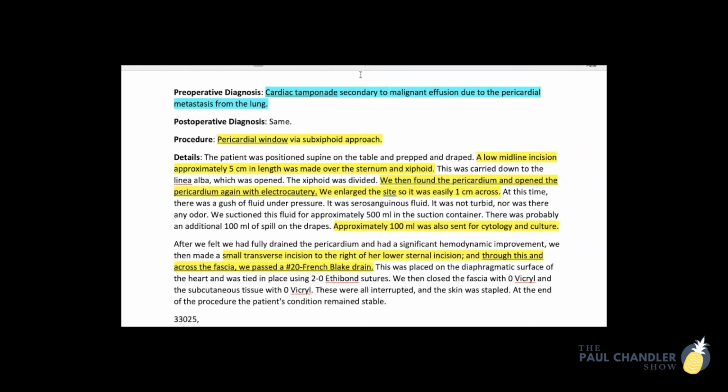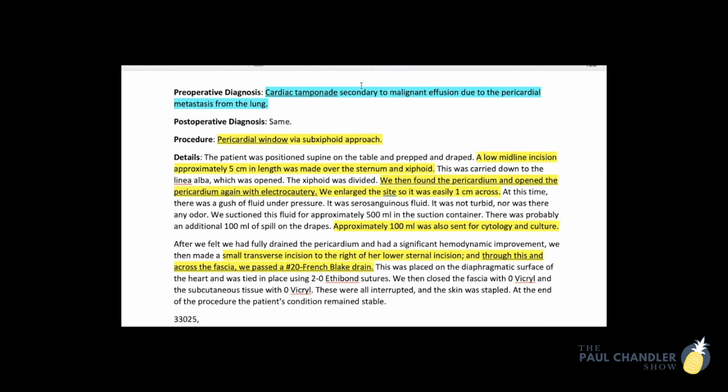So starting out first, I want to code that cardiac tamponade. So look in the ICD-10 index and look up tamponade, T-A-M-P-O. Because again, one letter can completely change the meaning of a word. So it's always good to double check the spelling.